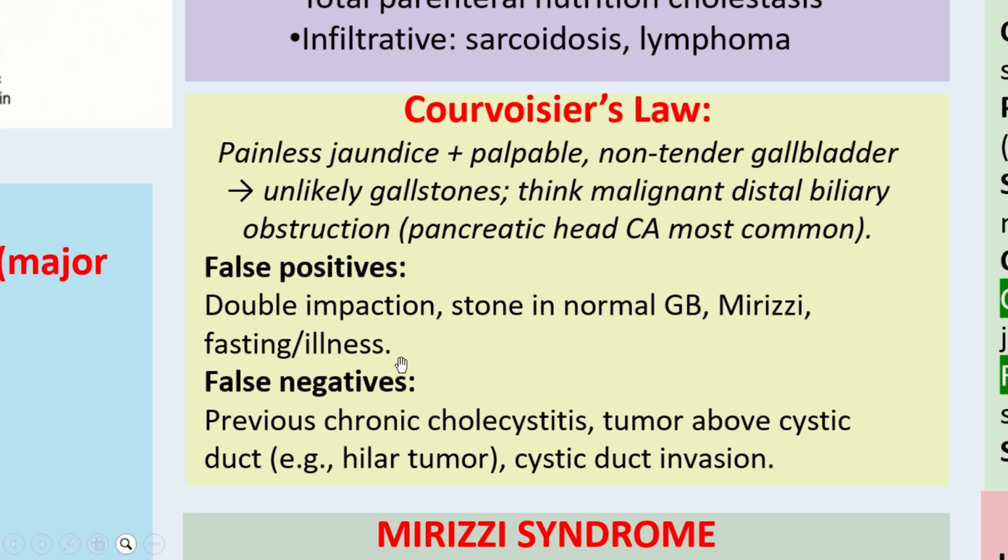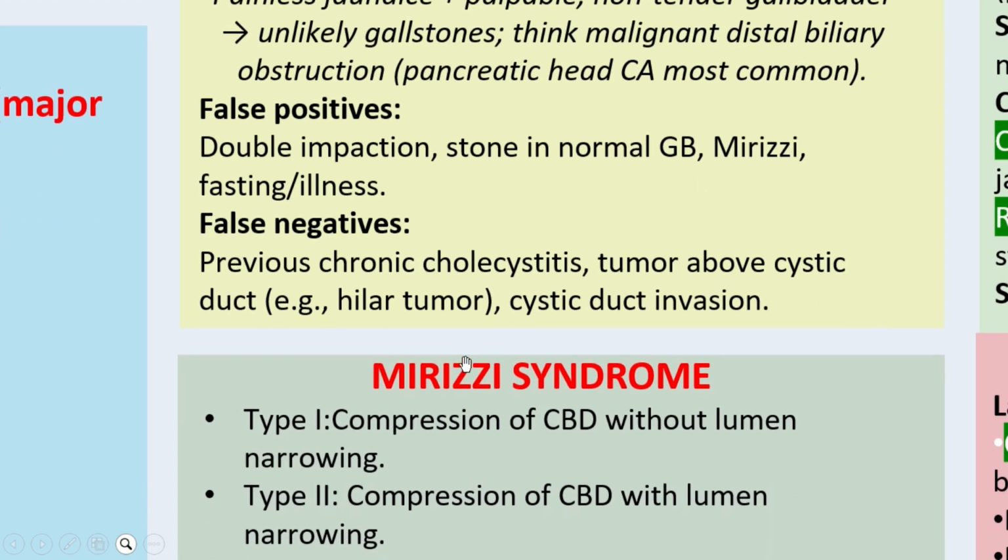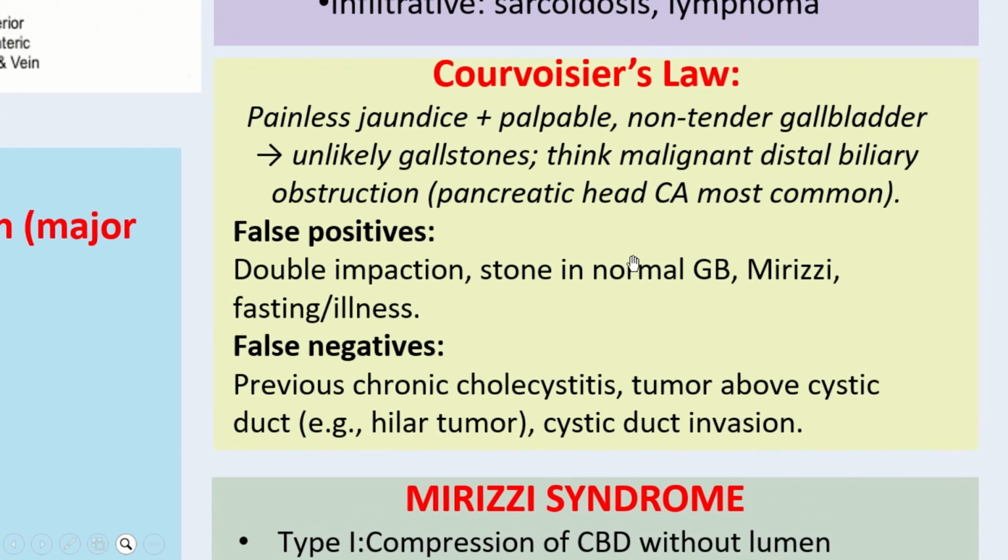Then the false negatives: if you have previous chronic cholecystitis and now you get a tumor, you could still think it is not a tumor, because the gallbladder is not palpable. Also imagine someone who does not have a gallbladder, having undergone cholecystectomy, and then they have an obstruction.